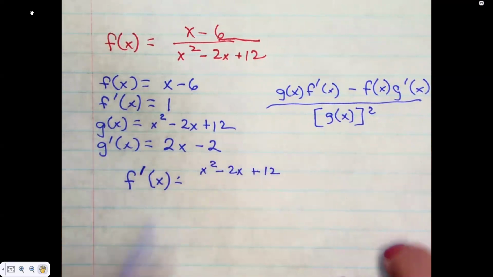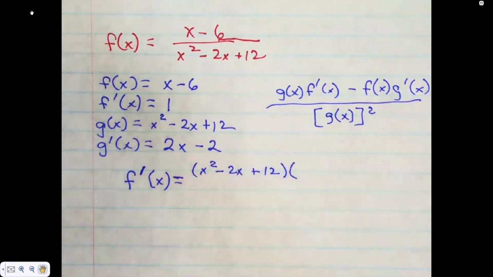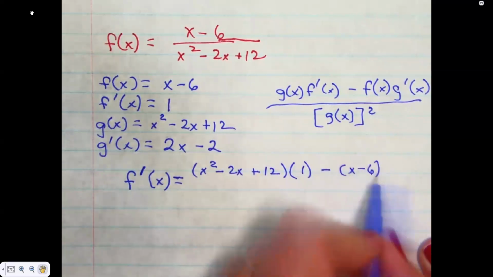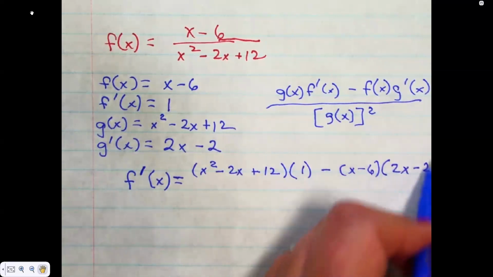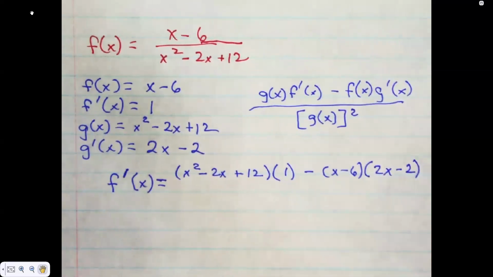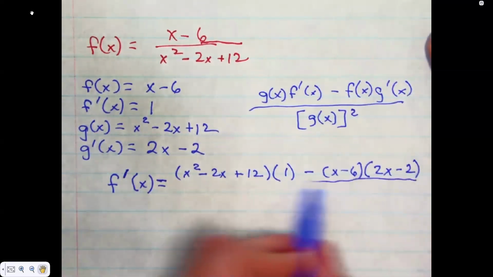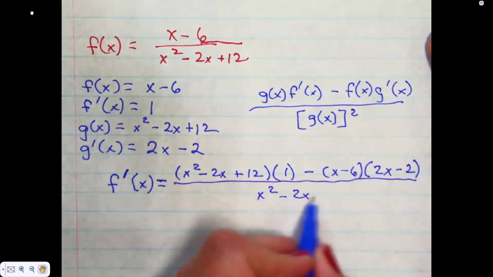But at least I get a little lucky, because I have to take that times the derivative of f, which is actually just 1. And then minus f of x, which was x minus 6, times the derivative of g, which is 2x minus 2, all over g squared.